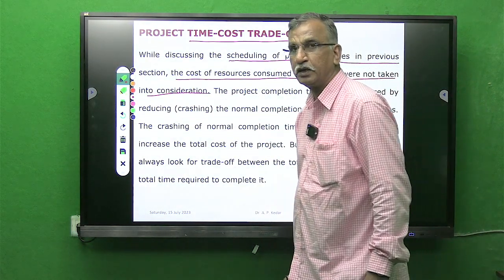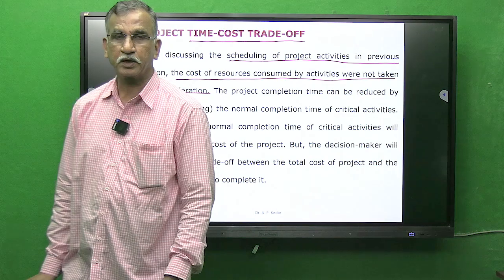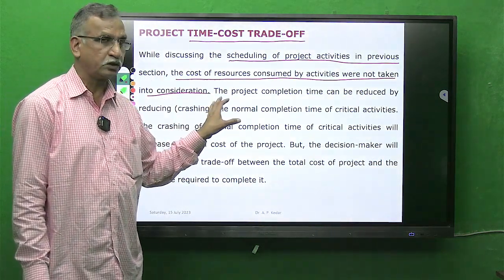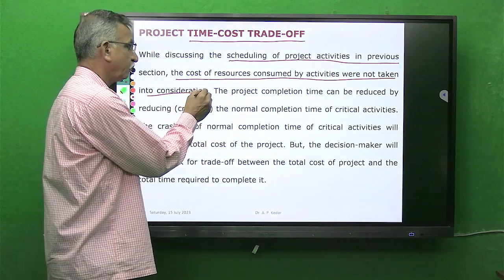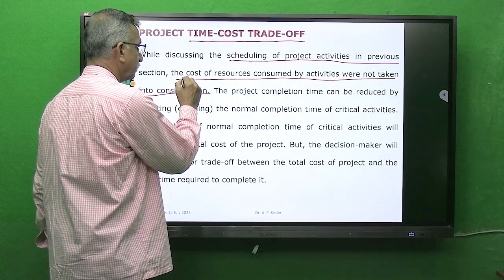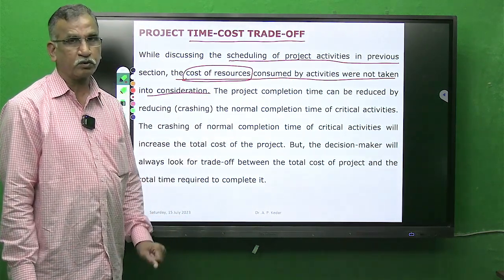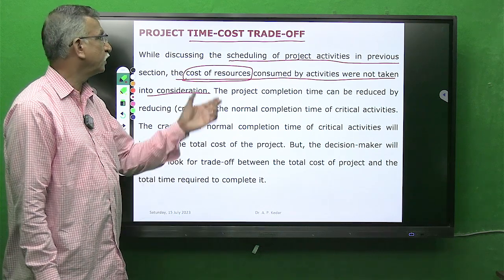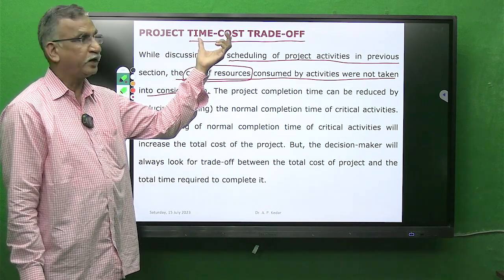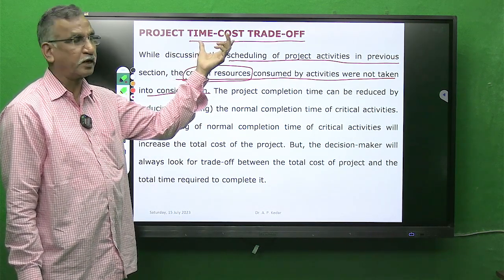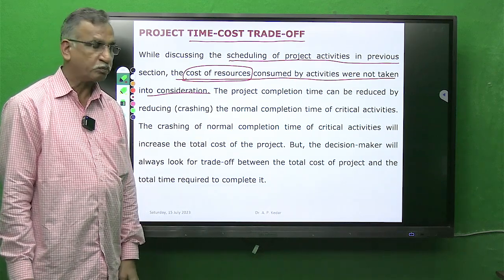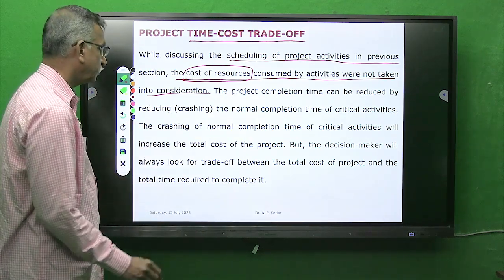As I have said earlier, in PERT and CPM we have not considered this important aspect of cost of resources. In this particular lecture, our intention will be to find the simultaneous behavior of time and cost for the project.